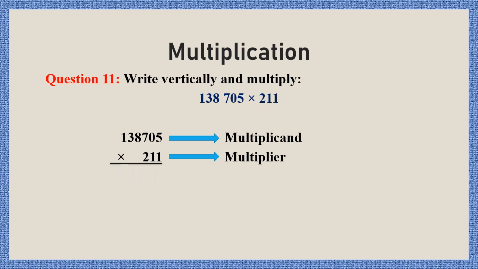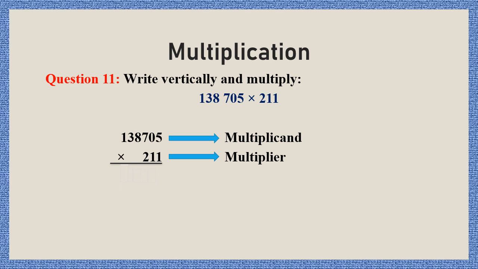Firstly, we will multiply the first digit of the multiplier, that is at the ones place, with all the digits of the multiplicand, and then we will move on to the second digit, that is at the tens place of the multiplier, to multiply them with all the numbers of the multiplicand, and lastly we will multiply 2 of the multiplier with all the digits of the multiplicand.